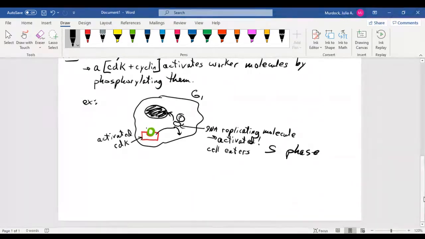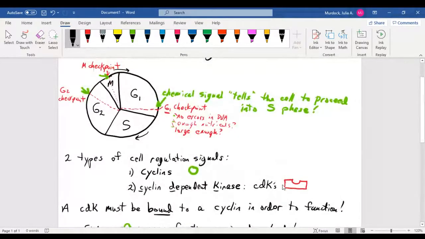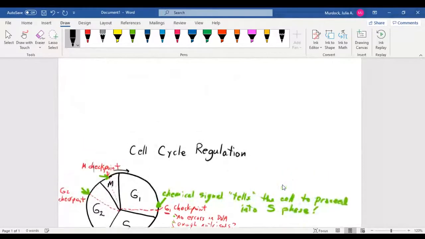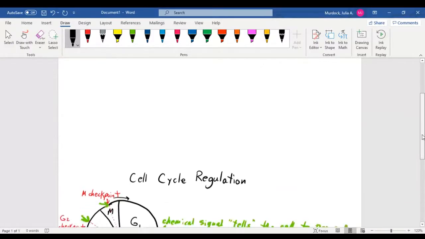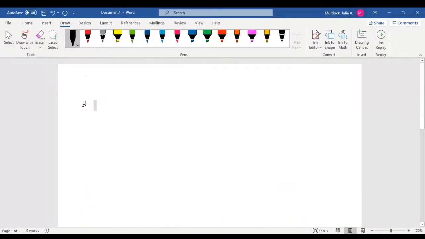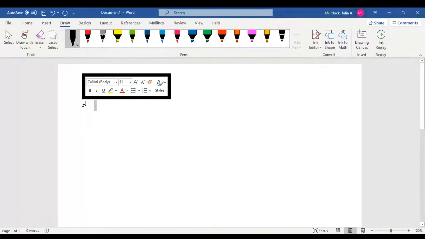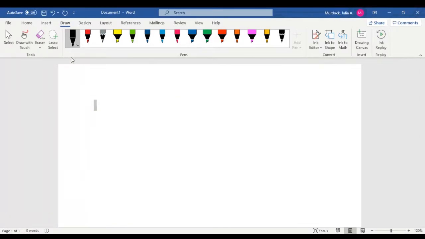There's one more thing I'm going to share with you, and that is the graph that you're going to see on this worksheet. So here's the question.